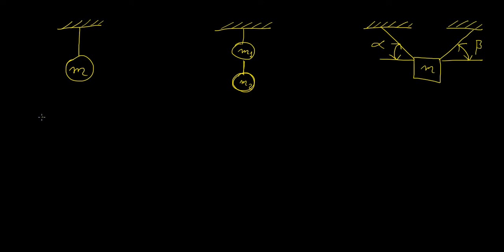A free body diagram is where you draw the body that you're studying, the body that needs to remain at rest, and then you draw the forces acting on it. In this case we're going to have two forces: the weight of this mass, mg, and a tension force on that string, let's call that T.